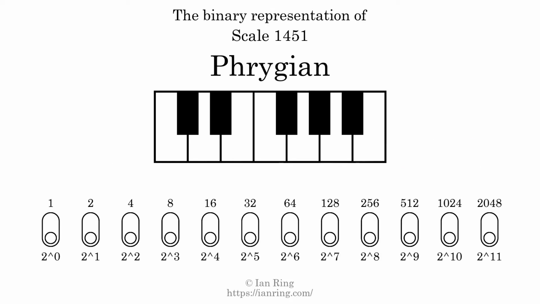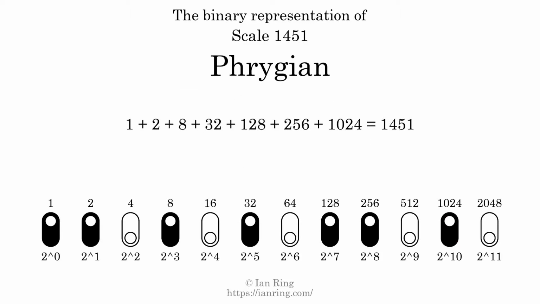The binary representation of this scale is determined by mapping tones of the scale to binary digits. Each binary digit represents a power of 2. To get the scale number, we add the powers of 2 together. The powers of 2 that are present in the scale, all added together, equals 1451. That is why the scale number, in decimal, is 1451.